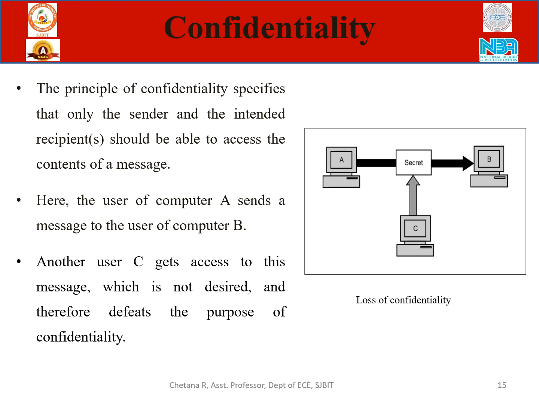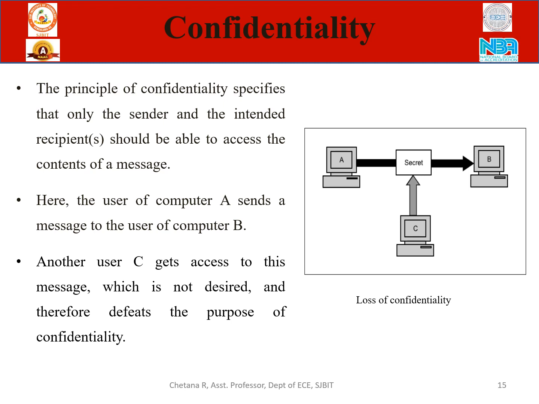If it is a secret, it should be maintained only between A and B. But C is also getting to know the information. Therefore, this is called loss of confidentiality. The information which was supposed to be between A and B is now with A, B and C. This is called an attack, and particularly a loss of confidentiality.